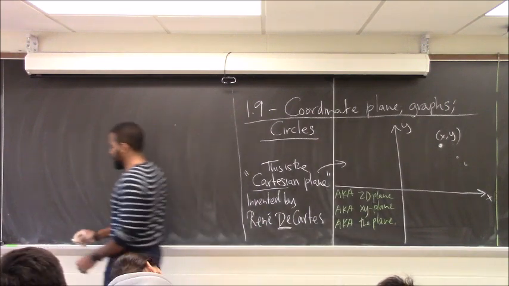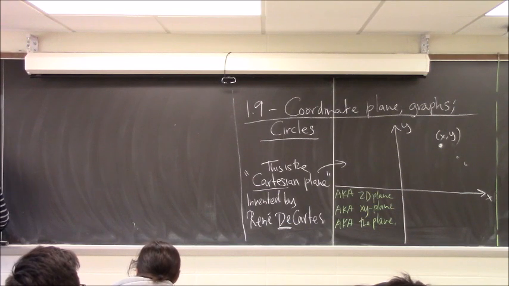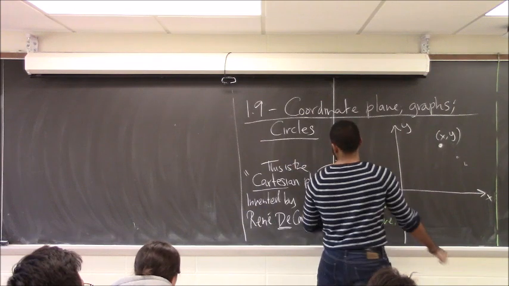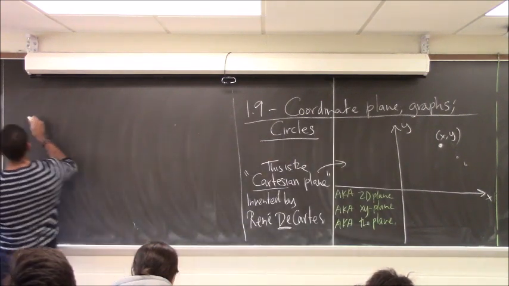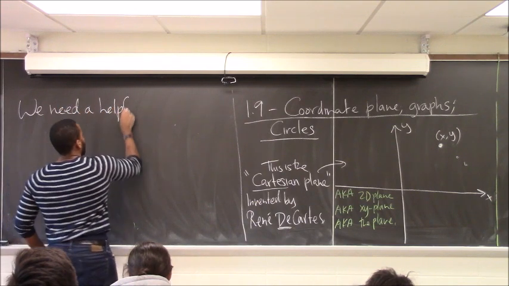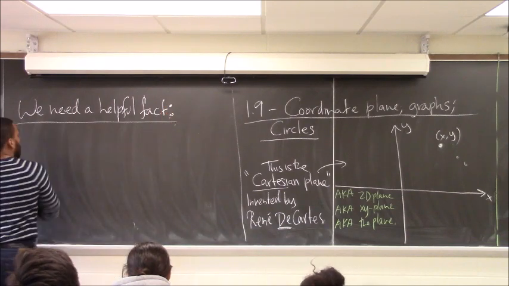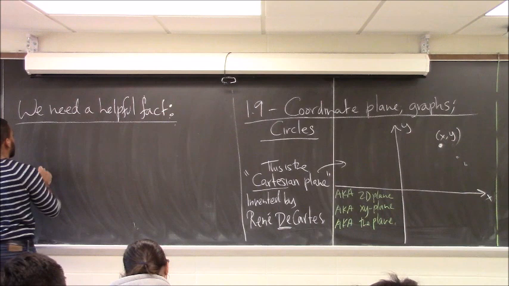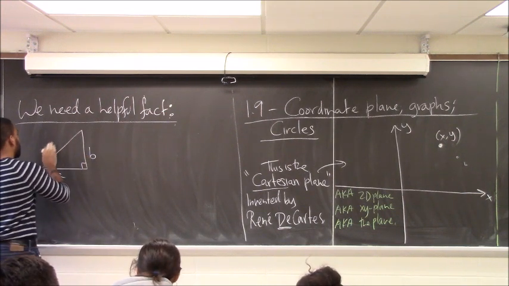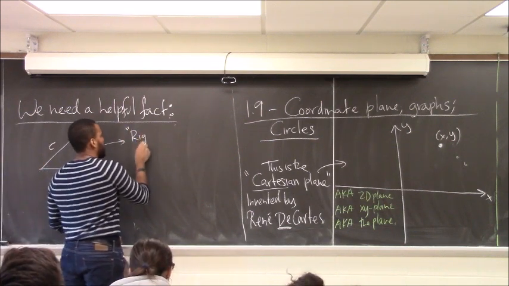Before we get there, we have to know how to measure things in the plane, so we have to talk about a notion of distance. And to talk about distance, and then graphs, and circles, and all that stuff, we need a little help. This here is called a right triangle, because it has a right angle in it.